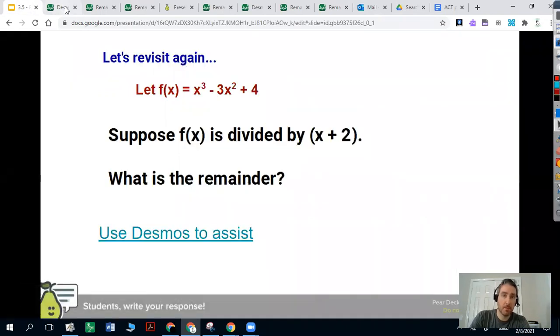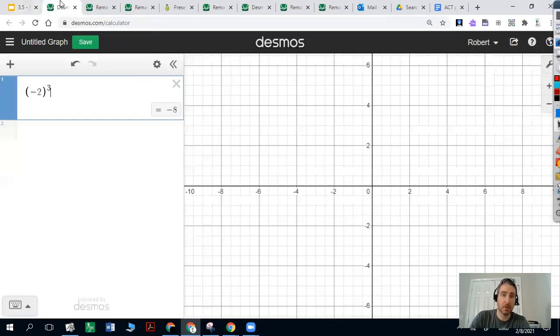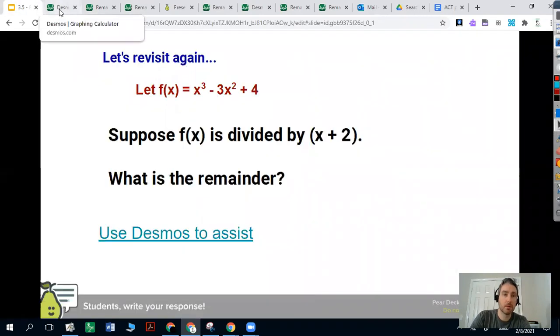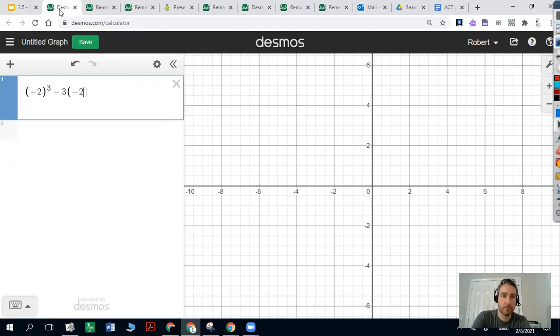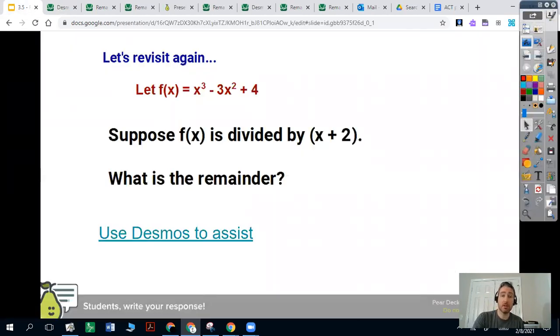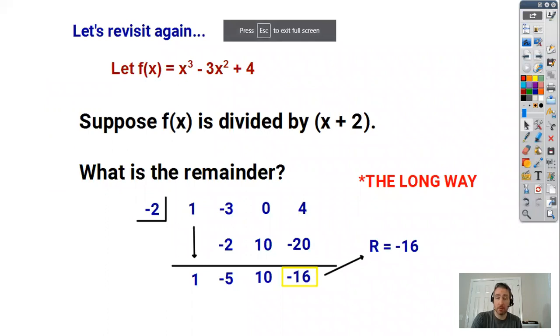Negative 2 to the third power minus 3 times negative 2 squared, plus 4. You get negative 16. That's the same thing as doing long division or synthetic division.